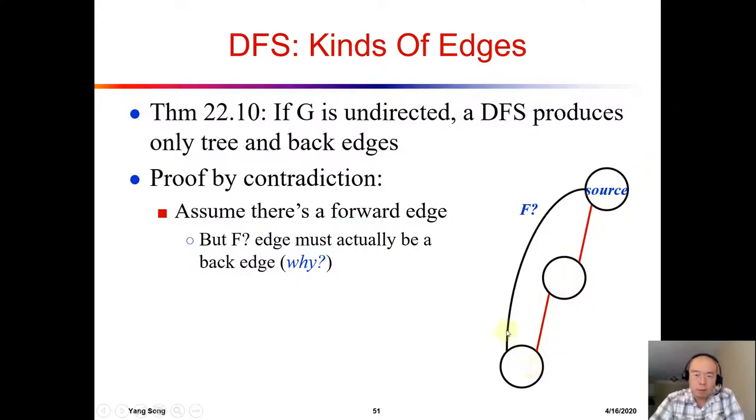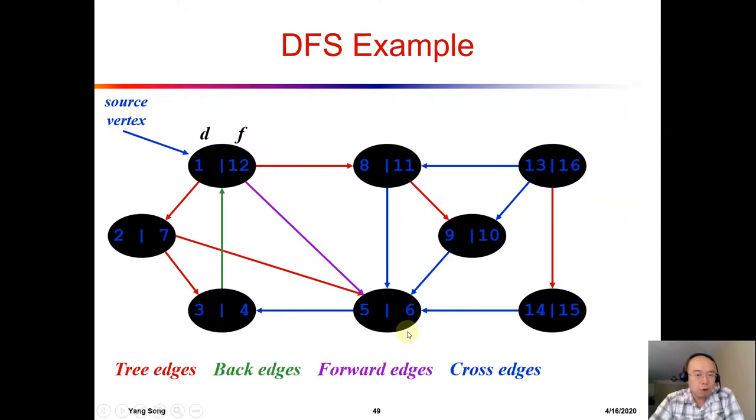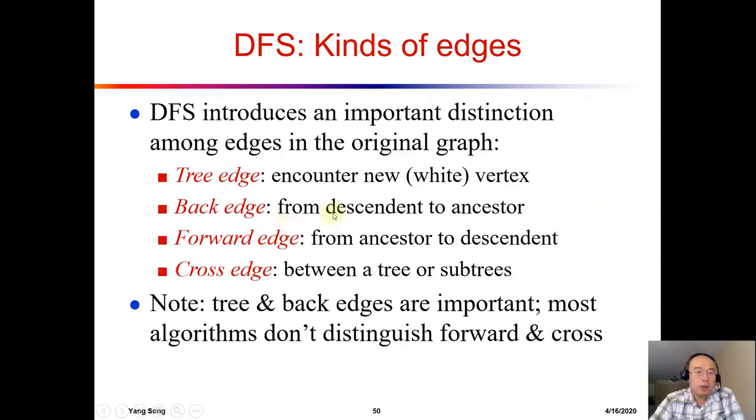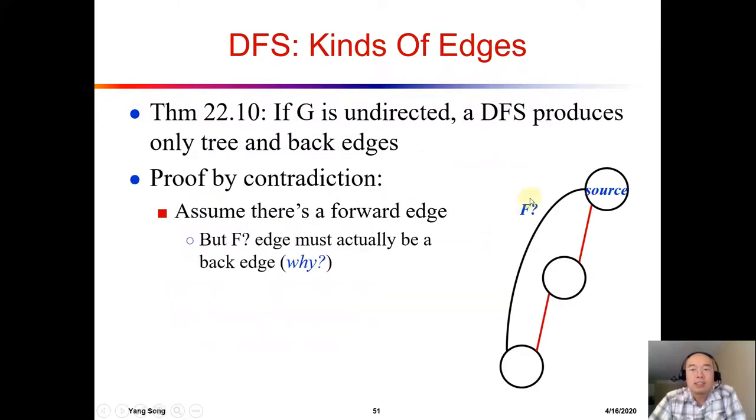And then how about this one? Can we say this is a forward edge? A forward edge is from the grandparent directly to the grandson, right? So it seems that this is a forward edge. But if that is a forward edge, this is also a back edge, which is from the descendant to the ancestor. So for this one, is it a forward edge?